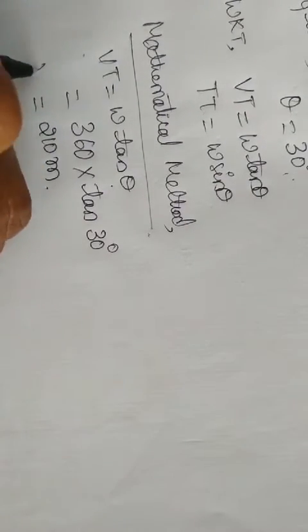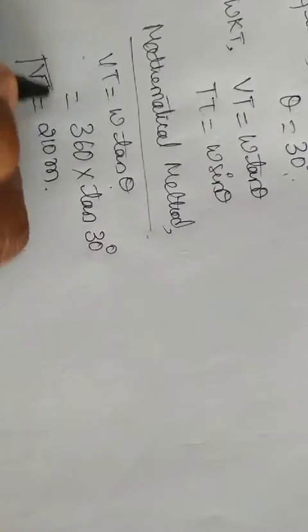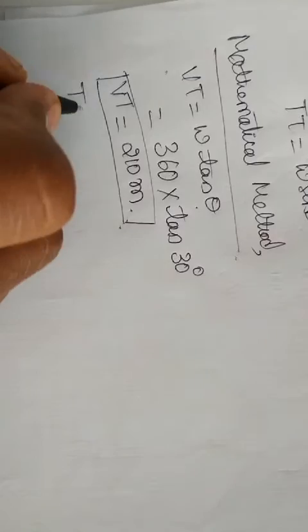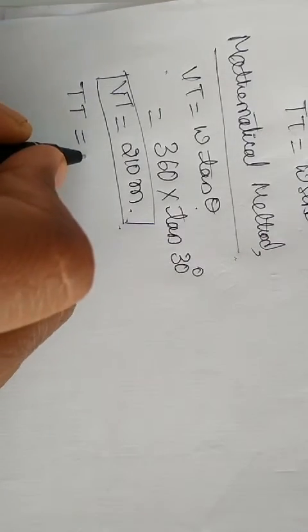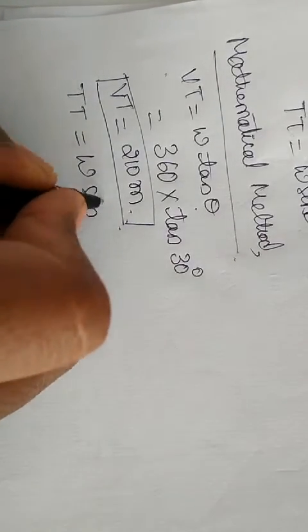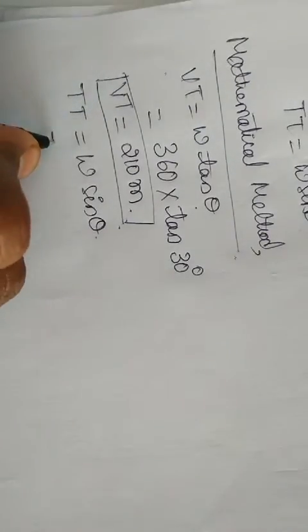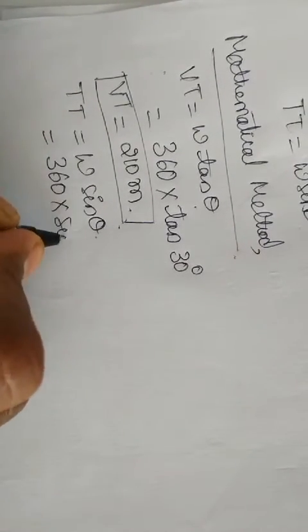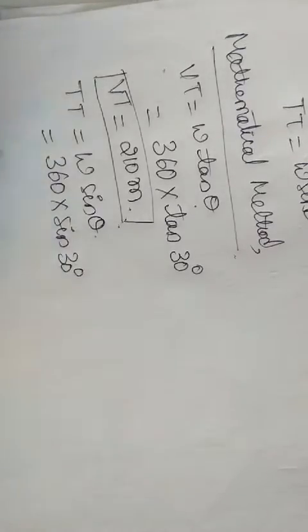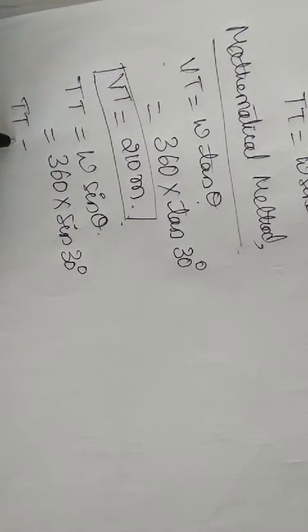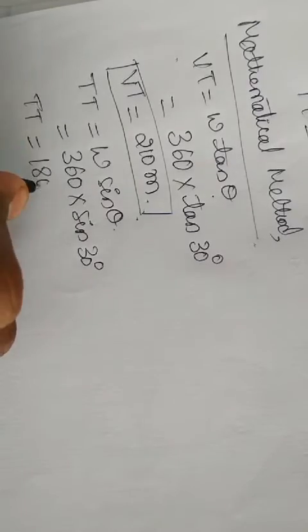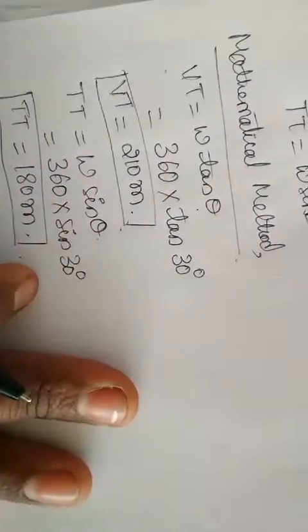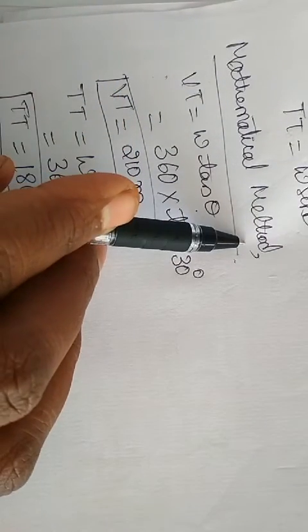So this is the Vt value by the mathematical method. Next we go with the true thickness. Tt is equal to W sin theta, so W is again 360 meters into sin 30 degrees. Finally the true thickness we get as 180 meters. So this is the solution of the problem by the mathematical method.